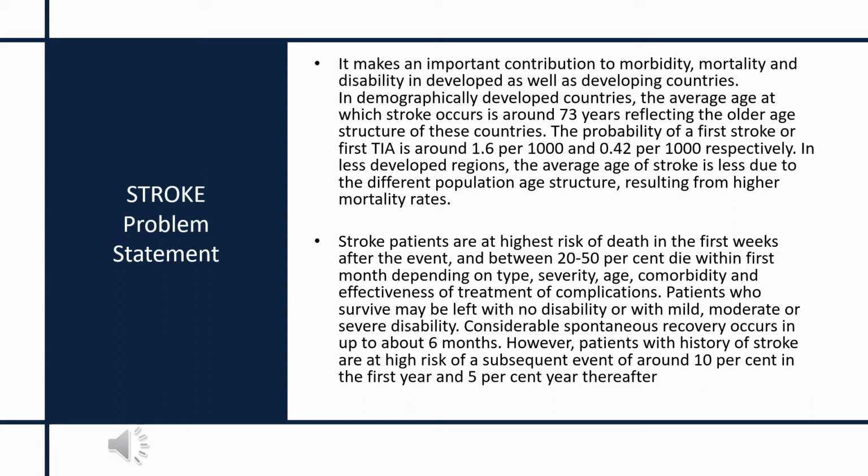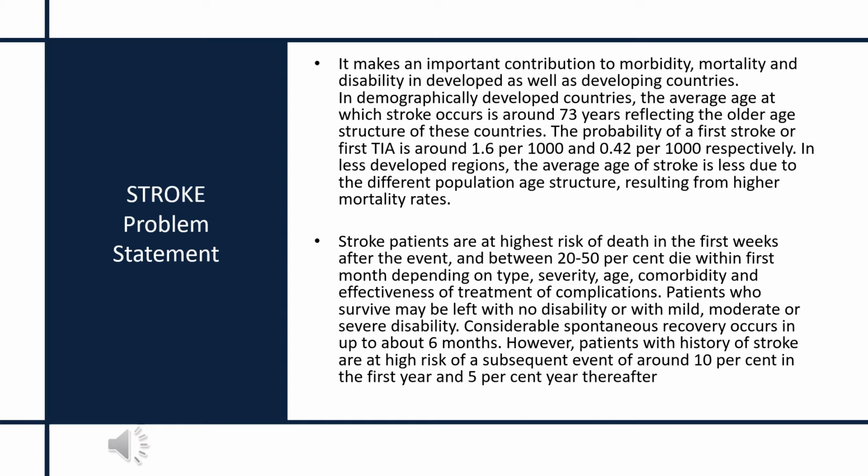Also, the age. The older the age, the probability of dying within the first month increases. Then, if there are comorbidities present, if the person is diabetic and has other diseases as well, and then goes on to have a stroke, the probability of dying within the first month increases.